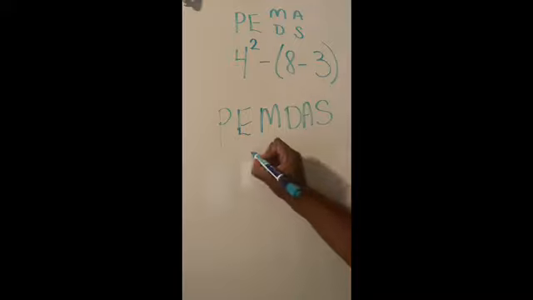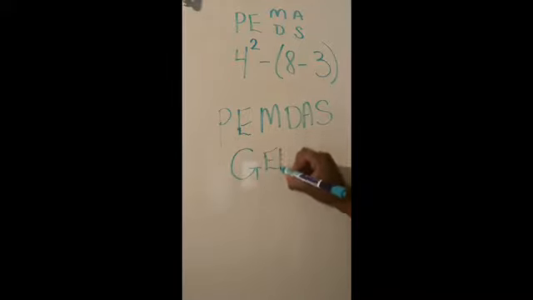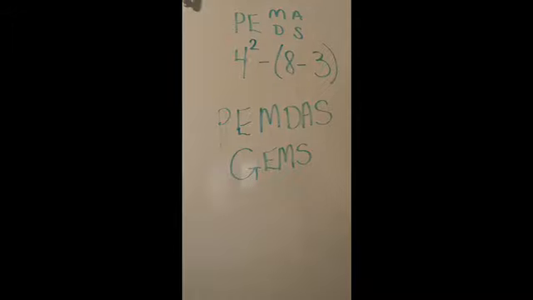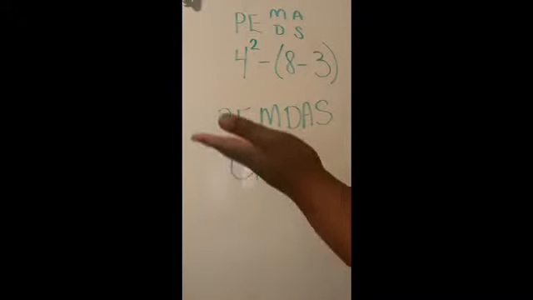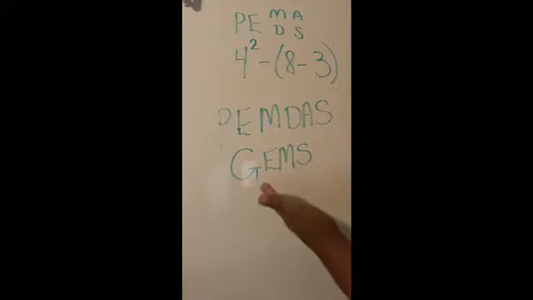Some people actually do it as GEMS as well, which pretty much basically means the same thing. I write it a little bit different, and I'll tell you why. But we use parentheses, exponents, multiplication, dividing, adding, subtracting. GEMS is just grouping, exponents, multiplication and division, subtraction and addition, okay? It's pretty much the same thing.